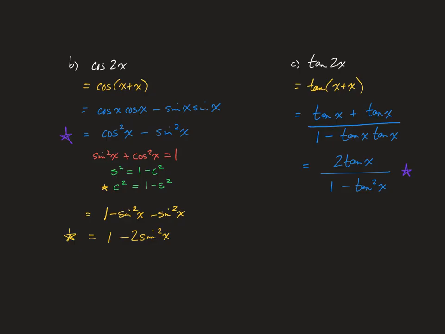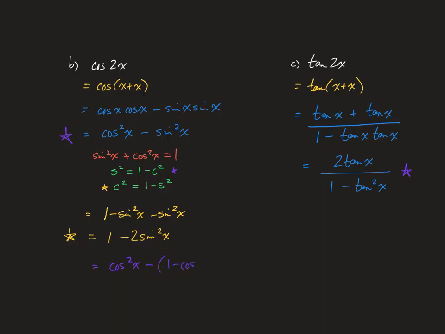And if we were to do the same thing, but now I would want to get rid of my sine and write it all in terms of cos. Well, then I could do the same thing. I could go back up to the purple star, and I could keep the cos squared in, but now I want to get rid of the sine squared.